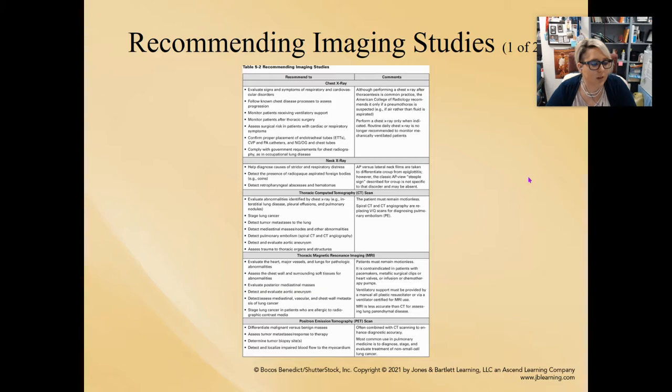Then you have an MRI, so we want to evaluate the heart, the major vessels, and lungs for pathologic abnormalities, and assess the chest wall and surrounding soft tissues for abnormalities. Evaluate posterior mediastinal masses, detect and evaluate aortic aneurysms, detect and assess mediastinal vascular and chest wall metastasis of cancer, stage lung cancer in patients who are allergic to radiographic contrast media.